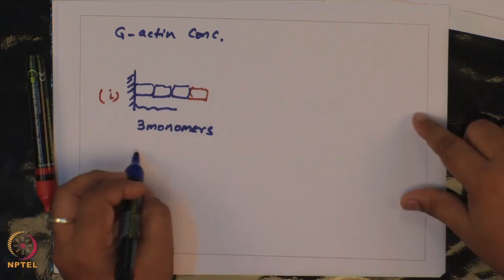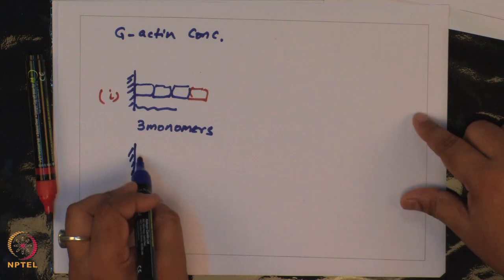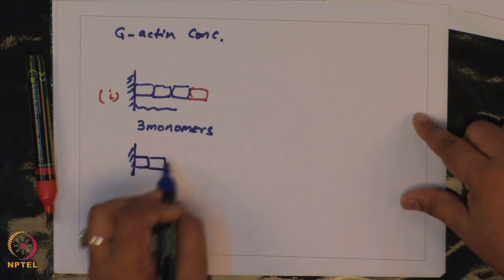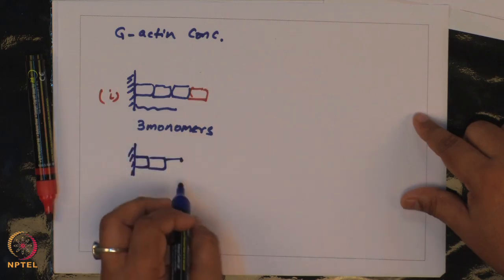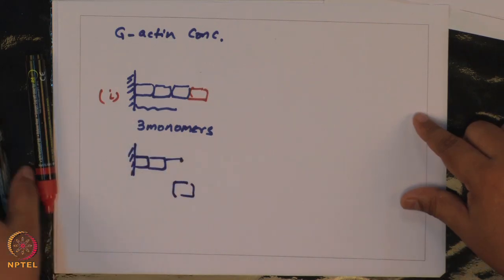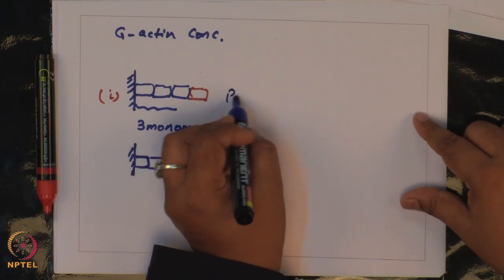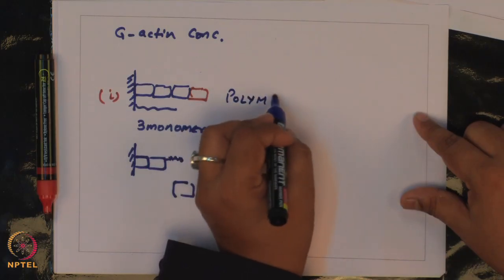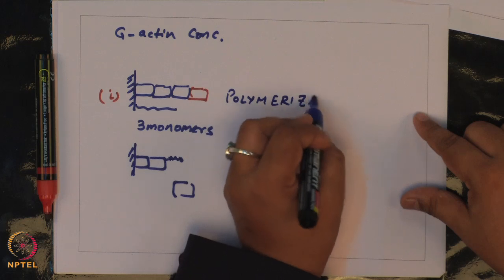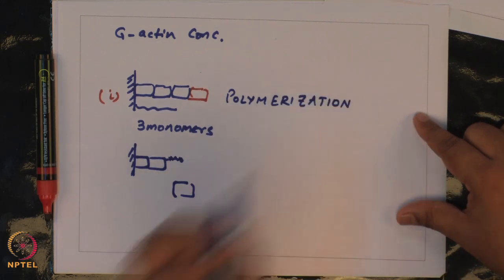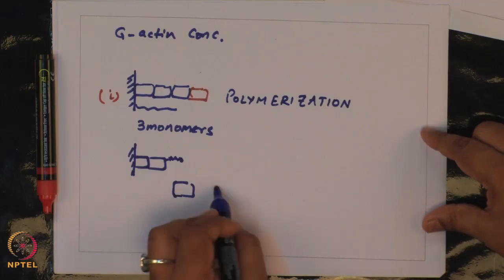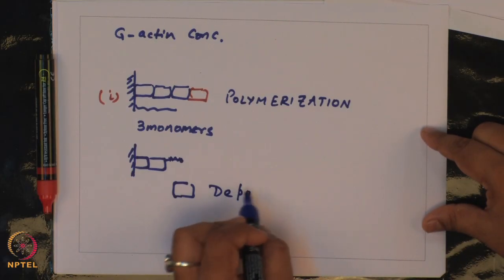The second possibility is that this filament can shrink. So, this is polymerization, and this signifies depolymerization.